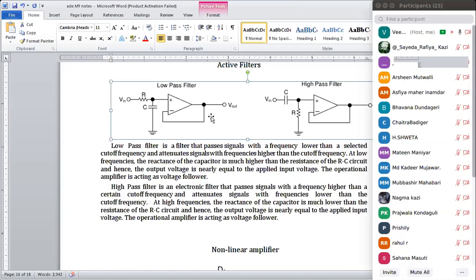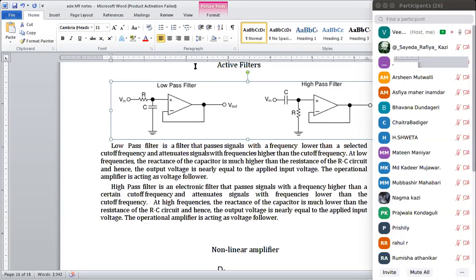I want to transmit the signal, whatever signal I am getting, from one place to another place, and that too within 5 kilohertz. Then I will select a low pass filter circuit such that it will not pass higher frequencies than 5 kilohertz. That is the cutoff frequency. So here my cutoff frequency is going to be 5 kilohertz.